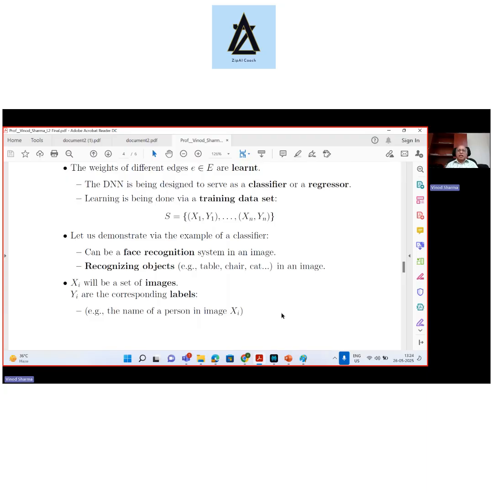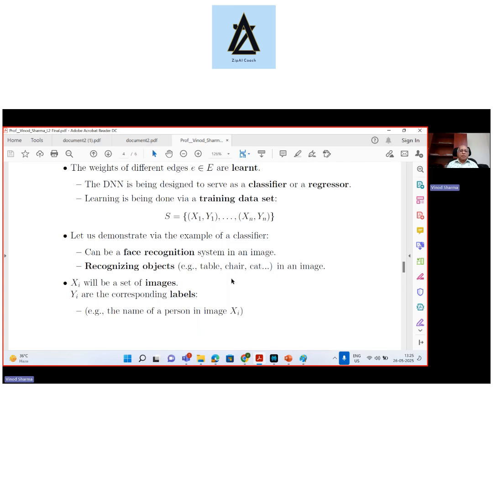And once a new image comes with one or multiple of these objects in it, the deep neural network should be able to identify what object or objects are in the image. And for that, we have to train the neural networks.